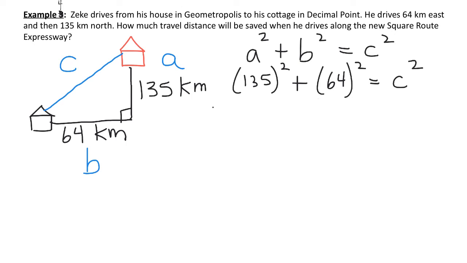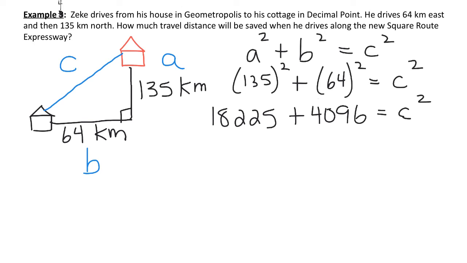135 squared is 18,225, plus 64 squared, which is 4,096, and all equal to C squared. If we add those two numbers together, we are going to get 22,321. And then our final step to solve for C would be to square root both sides.